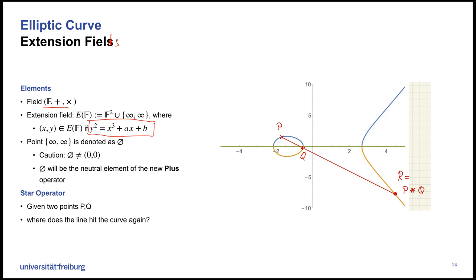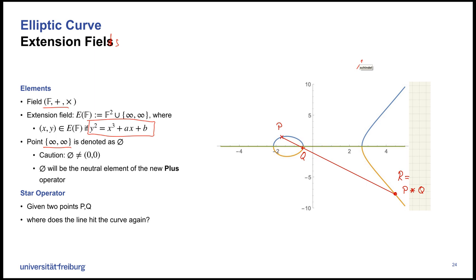Now, in order to solve certain cases, because sometimes you put the lines on that and you don't hit the curve, we introduce a new point, which is the infinity point. For this, you can think that the infinity point is, if you go in this direction, there is one point which is far apart in all directions.